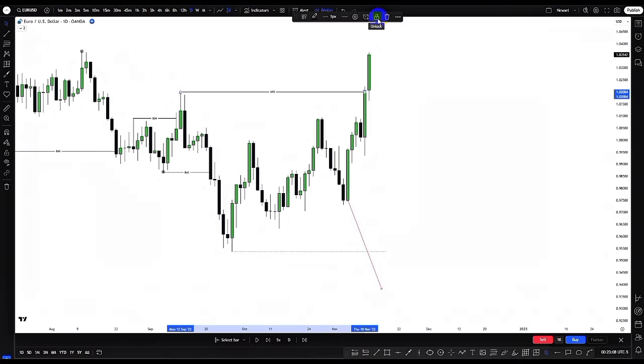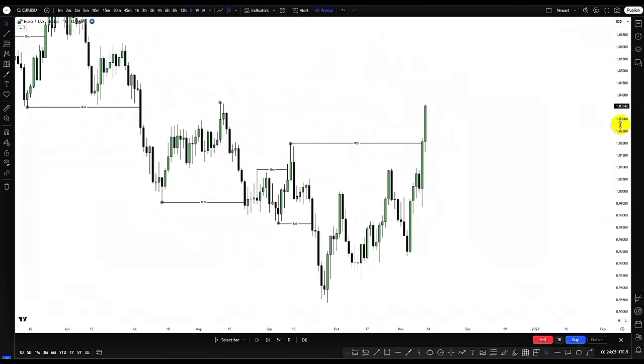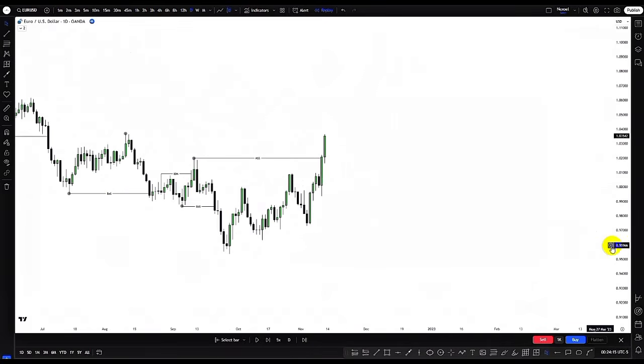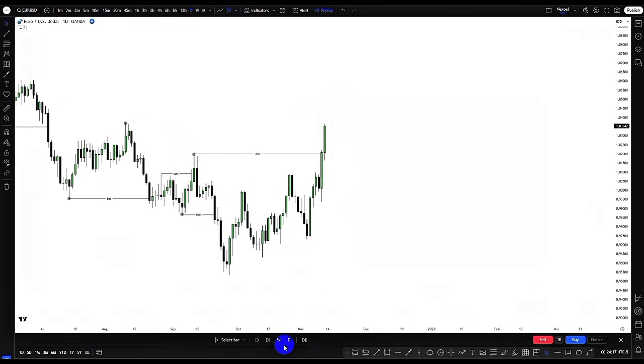We're not having price continuing bearish to the downside. We're no longer really in a bearish market movement. We're now having the tendency to be in a bullish market condition. So let's play price to see how this unfolds.